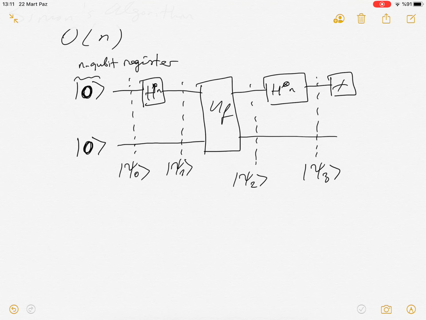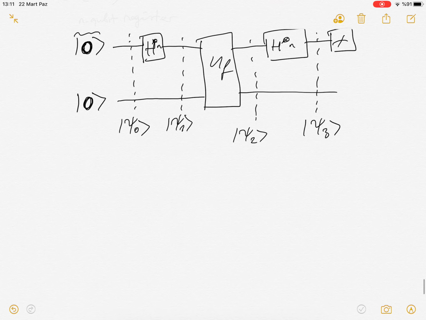So let's explicitly try to write each state. In this case, psi 0 will be equal to boldface 0, boldface 0. So the first register is in state 0, and the second register is in state boldface 0, each of length n. They're all 0. And then we apply the Hadamard transform on the first register, and we get strings of all n-bit lengths, right?